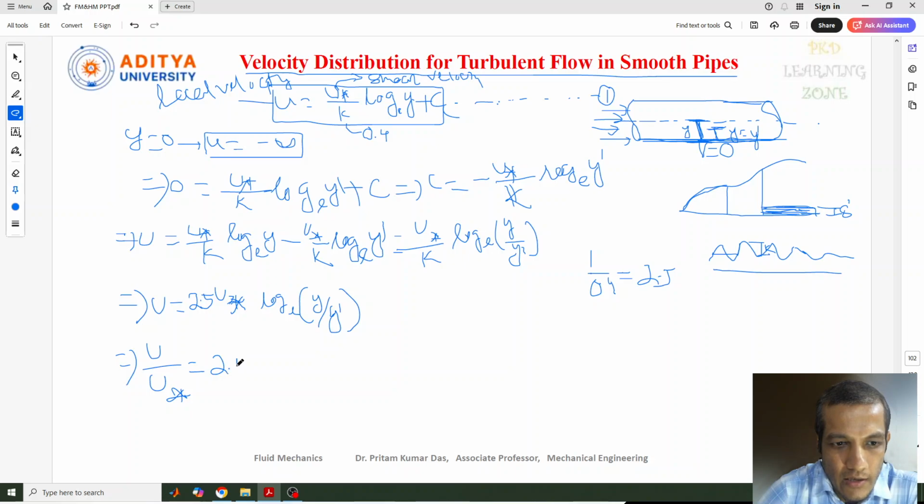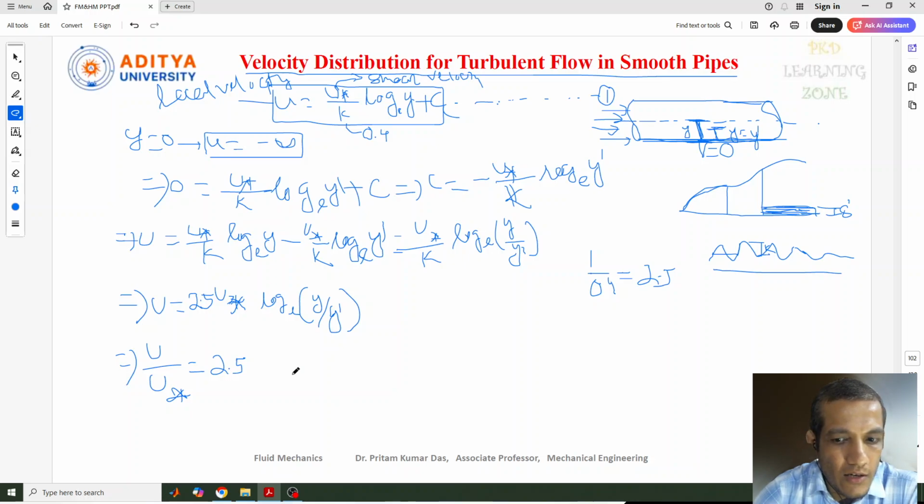So what I'll get here is 2.5 log e y by y dash. Now I'll convert this log e term into log 10.